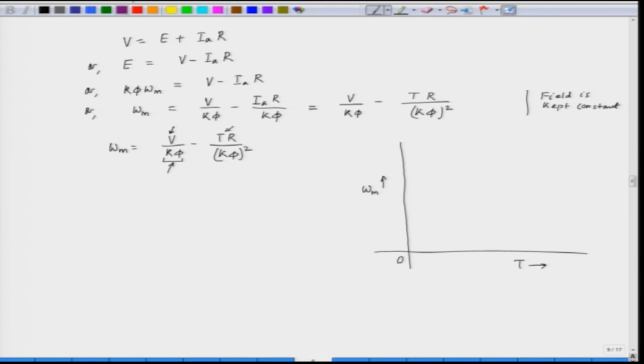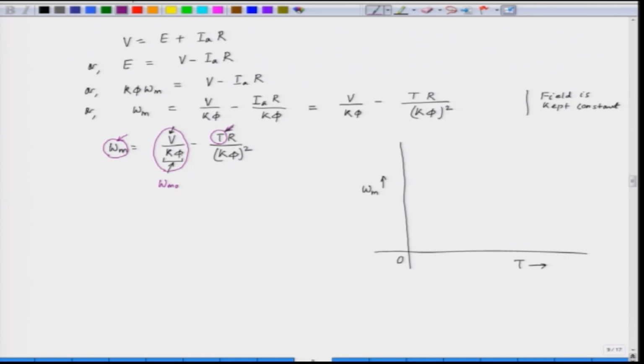So, we are basically plotting speed versus torque, and this first term is called the no load speed, omega m naught, and R by K phi square is something like the slope of the characteristic.